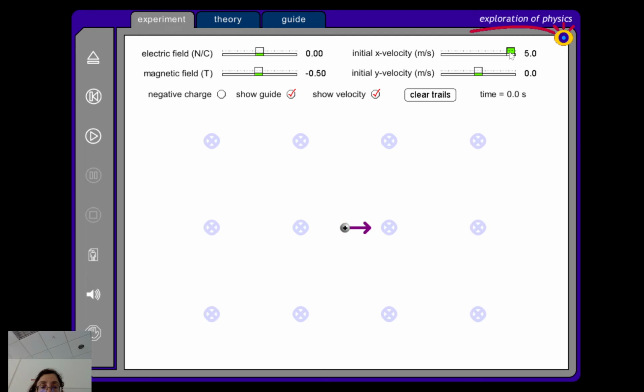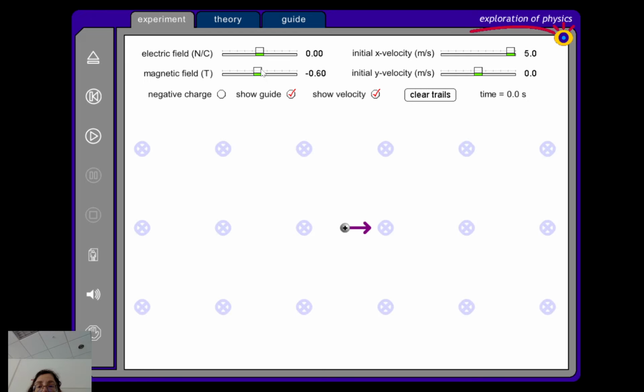Okay. We're going to make the magnetic field a little bit weaker. Okay. Let's see. That's what it does. If you have a moving charge inside a magnetic field, the charge will circle around the magnetic field.